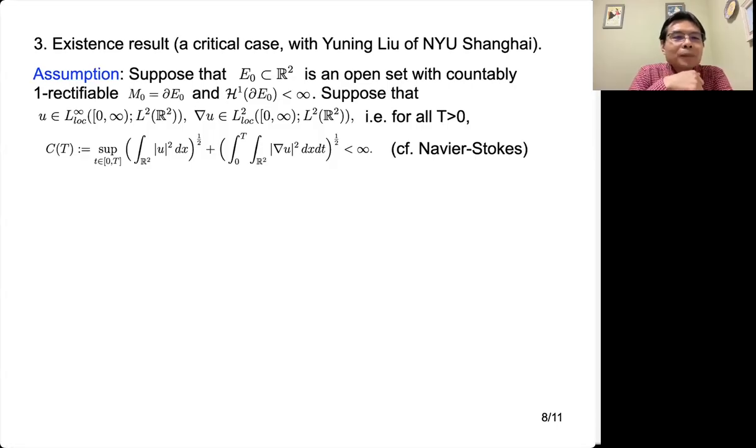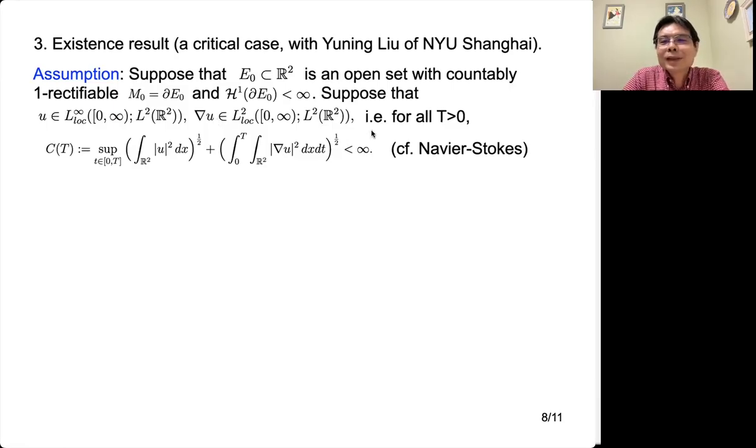And then suppose that you have this U in this class, that is, U is L infinity in time, but in L2. So the L2 norm of U is bounded in time. Okay, so it's exactly the one that I was talking about with Navier-Stokes coupling. And also gradient U is L2 L2, so that's like the square of this number U is integrable with respect to space-time.